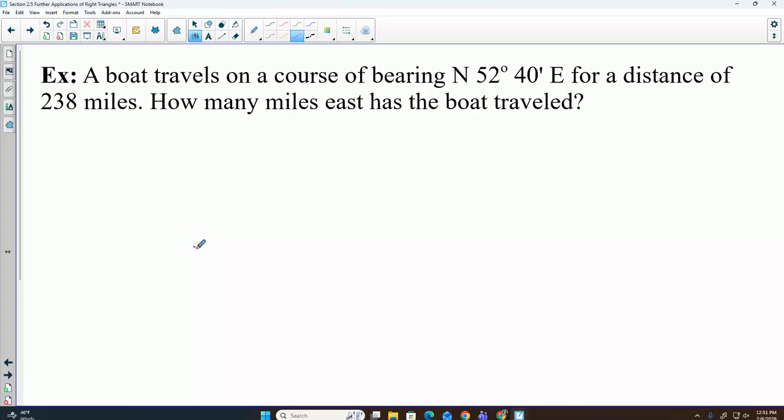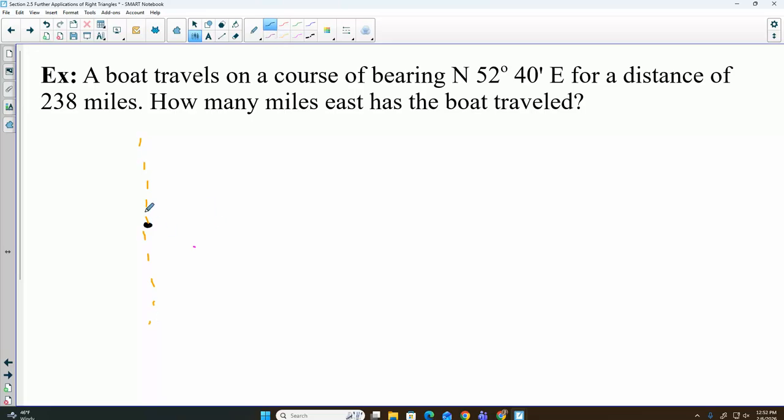Okay. I want you to take a second and see if you can draw the picture for this. You don't have to try to solve it yet, just draw the picture for me. Boat, and it's going north 52 degrees 40 minutes east. So it's starting here. If I'm going to measure bearing, you have to have a north-south line, which looks like you guys were remembering that, so good job.